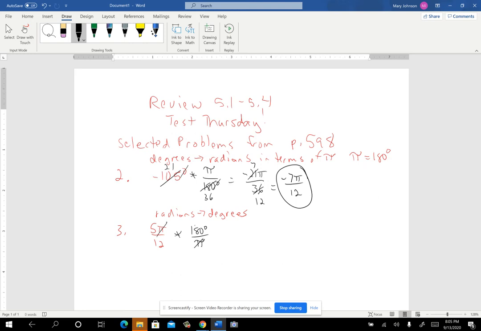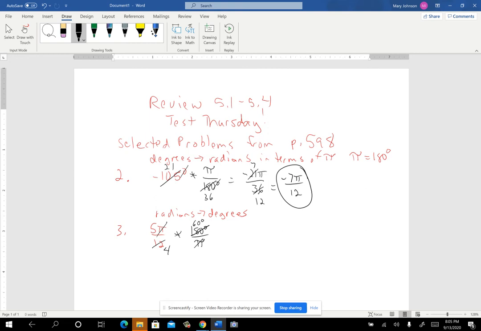And then when I'm looking at 12 into 180, if I don't have my calculator, I can't really tell what that's ultimately going to be. So I might just notice that, say, 3 goes into both. I could tell that. So 3 goes into 12 4 times. 3 goes into there 60 times.